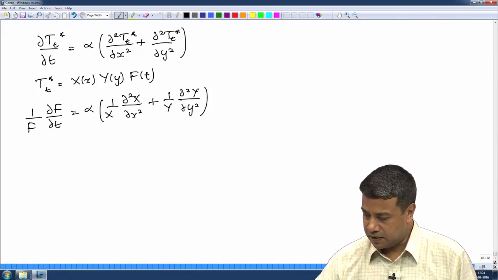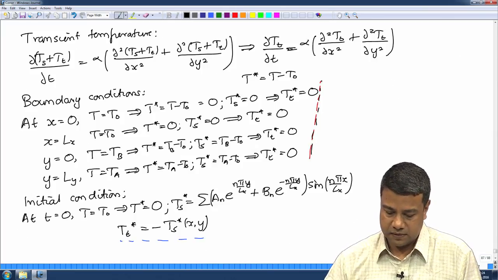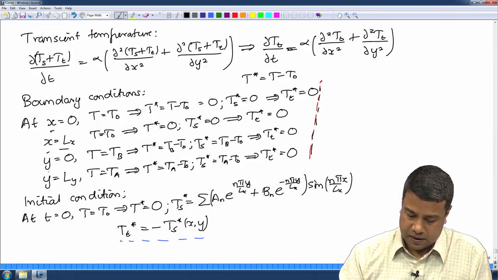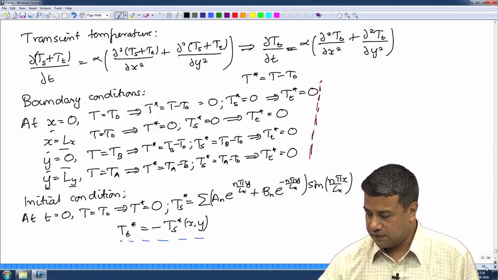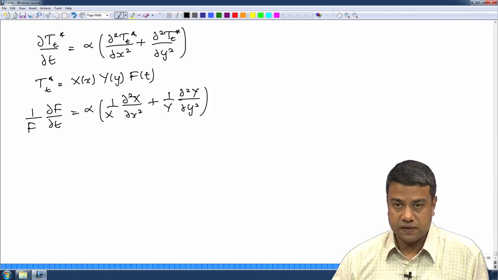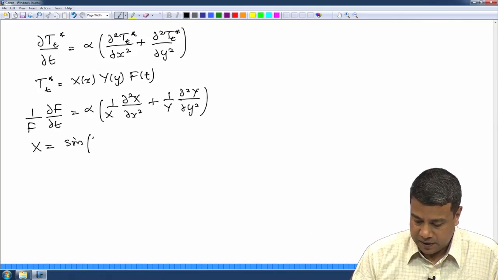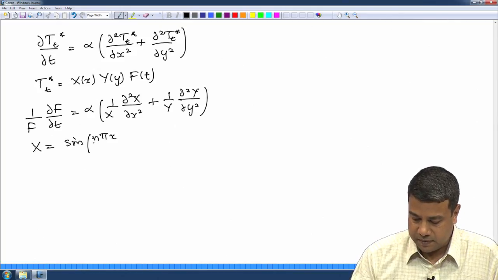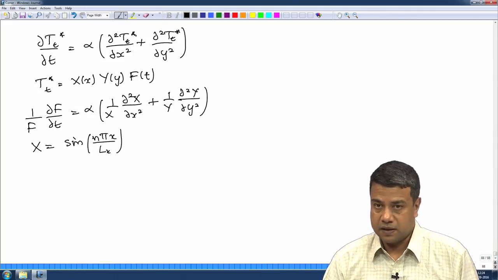Okay. If you recall, for the transient part, all boundary conditions are homogeneous at x is equal to 0 and x is equal to Lx, and at y is equal to 0 and y is equal to Ly. Therefore, I need to have eigenfunction solutions in each of these directions. So, X will be of the form sin n pi x by Lx, where n has to be an integer.